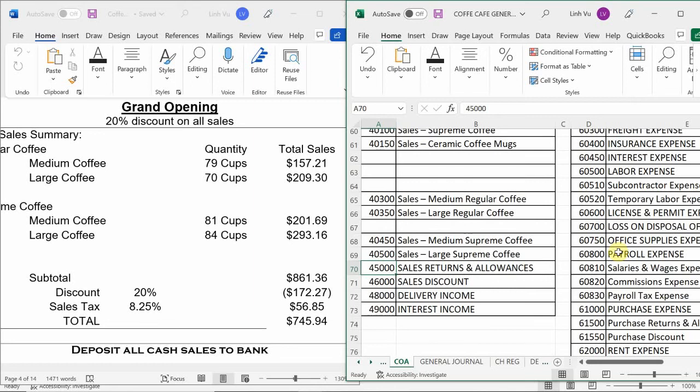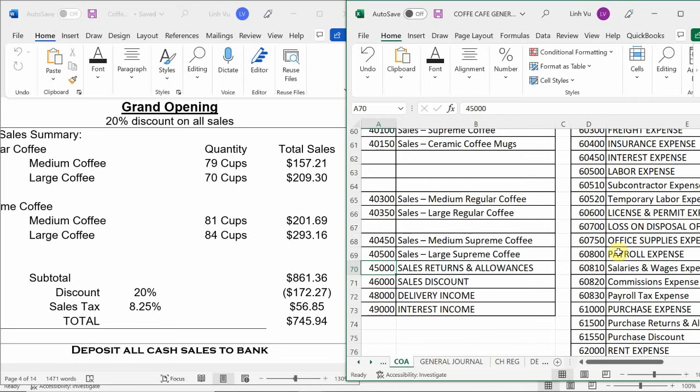So take a look at your chart of accounts. Okay, I see it. It's under revenue, and it says sales regular coffee, which is in the 40,000 group. Now the question is, am I selling coffee by the cup or coffee by the pound? By the pound. Where does it say we're selling coffee by the pound?